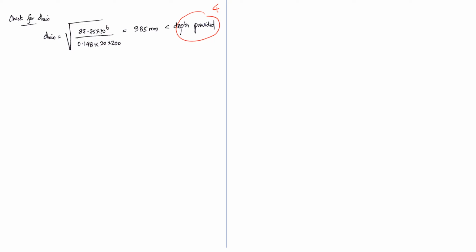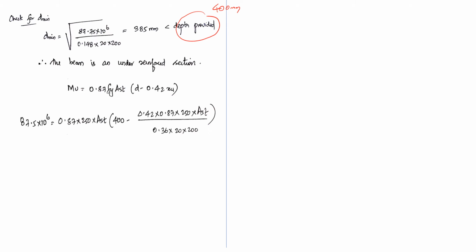That is less than 400 mm, which means I can say the beam is an under reinforced section. So if the beam is an under reinforced section, the equation for finding AST, that is Mu, I can write as 0.87 Fy AST into d minus 0.42 Xu. So I'll write it as 87.75 into 10 raised to 6 is equal to 0.87 Fy, here 250, and AST into 400 minus 0.42 Xu.